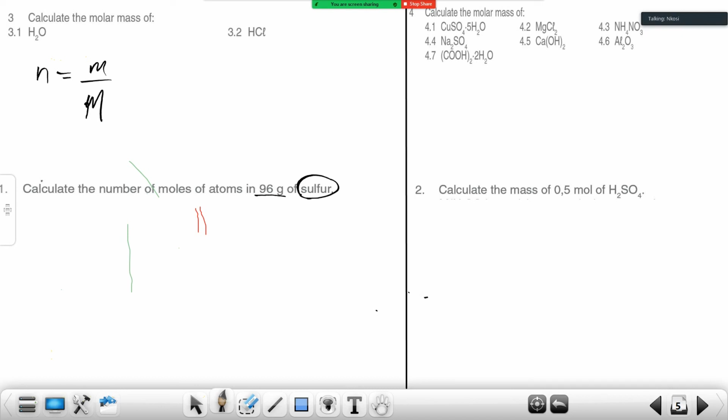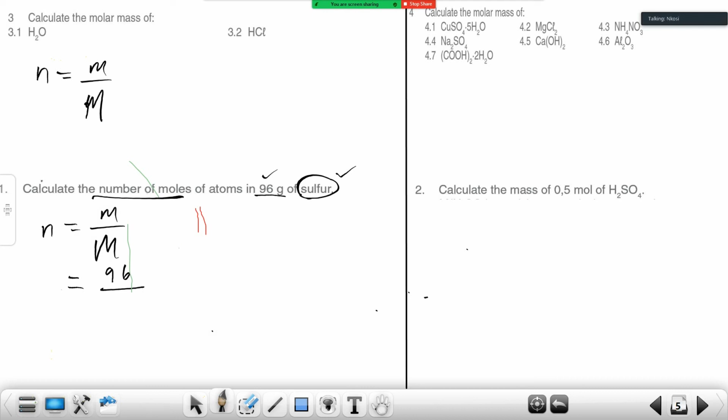So it will be easy such that I am able now to say my mass is in grams, so it is a check for me. I also know what is it that I'm working for. Then it's sulfur, then I can easily get the number of moles. So it will be n equals m over the molar mass, which is now 96.